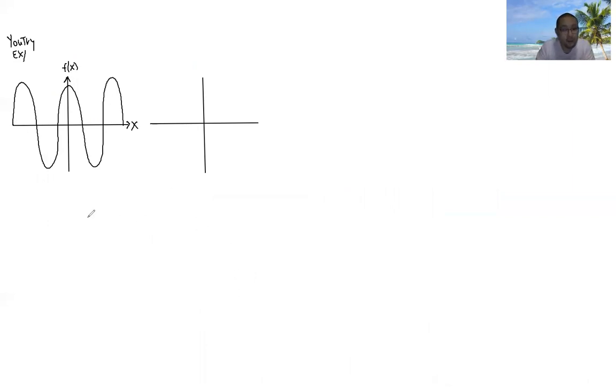Again, this is the curve of your original function, f of x. Given the curve for your original function, try to approximate the slope at various points in order to figure out what your derivative looks like. Just remember that when you're plotting your derivative, you're plotting x versus the slope. So go ahead and pause it and give it a try.